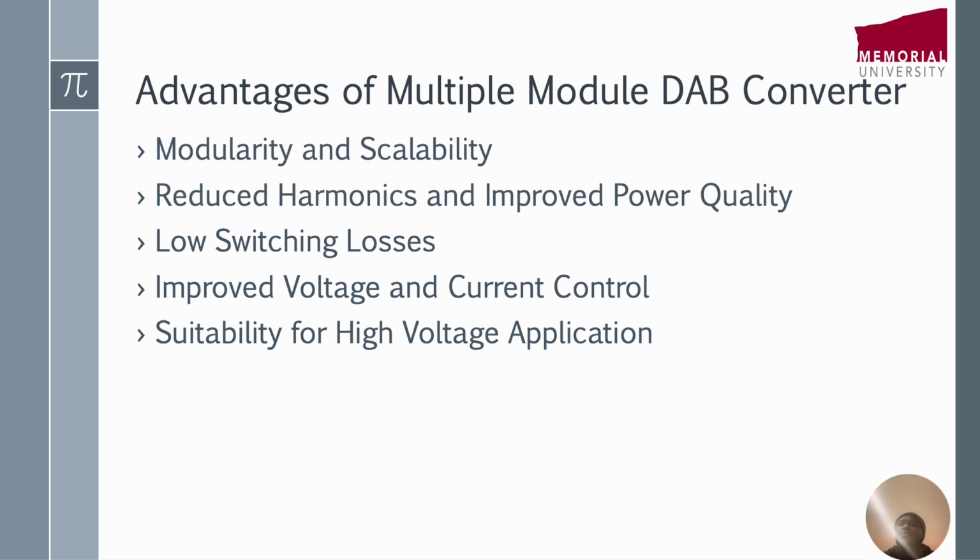In terms of harmonics, we have reduced harmonics with the dual active bridge, and also low switching losses because of the switching devices used in our design, which in this case are IGBTs or MOSFETs, which are efficient as compared to thyristors and other switching devices.